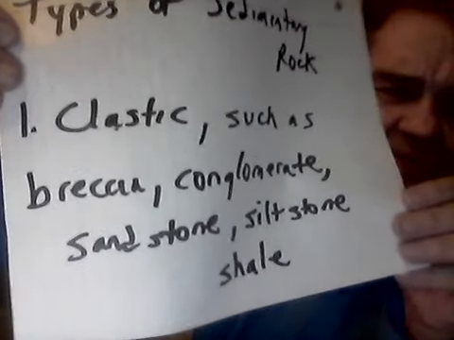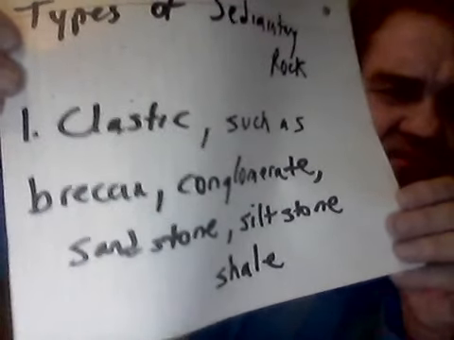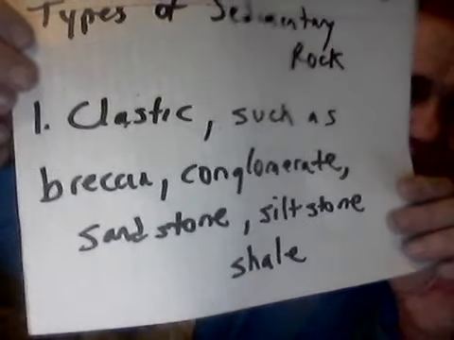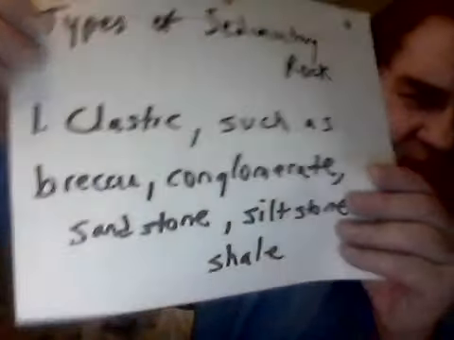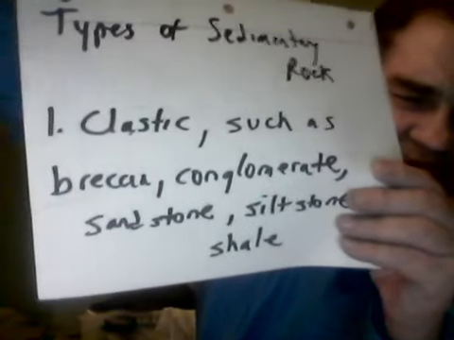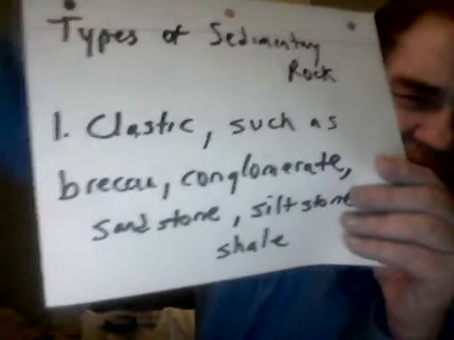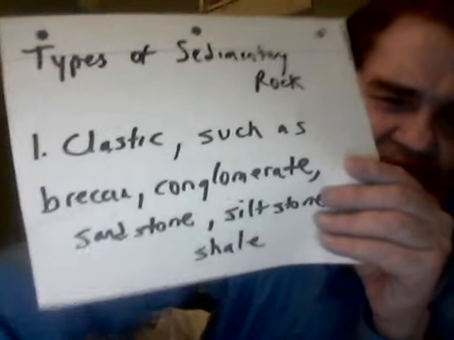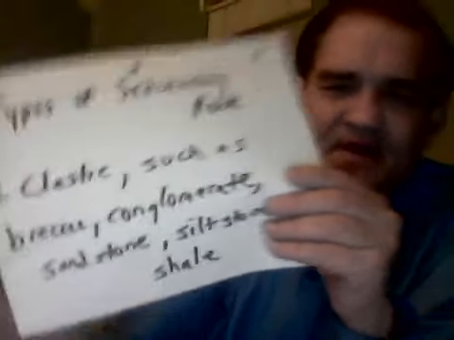And there's conglomerate, sandstone, siltstone, and shale. Now, I know you know what shale feels like. You rub your hand against it. It's on the sides of a rock formation, or sometimes on the ground. It's like a smooth surface. Pretty cool stuff.